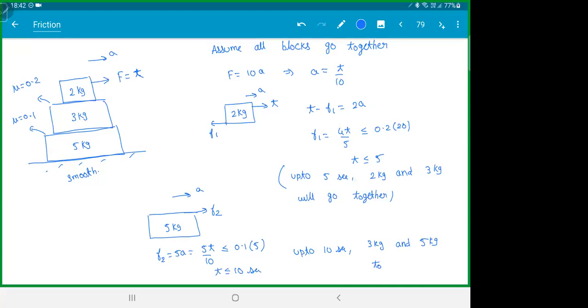Now, it is very hard to take a call. So that means between these two, who will slip first? The 2 and 3 kg, right? Therefore, this is wrong. So you have to choose whichever slips first; the other data becomes useless.